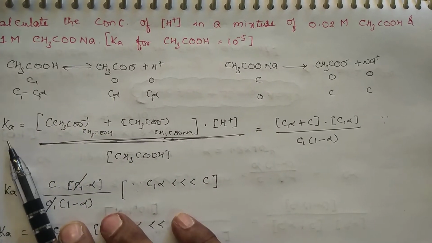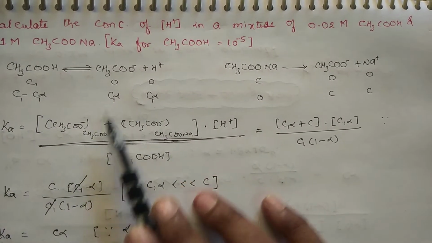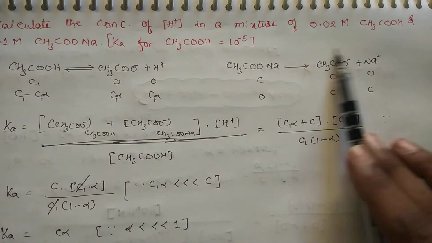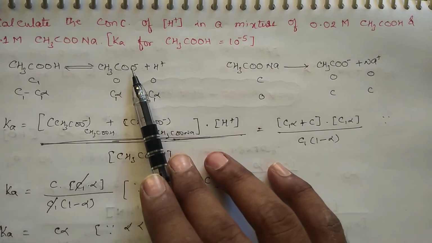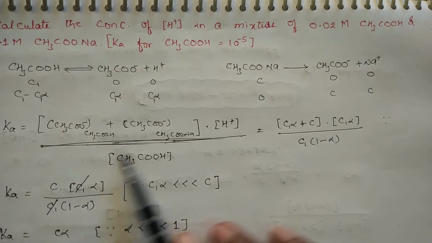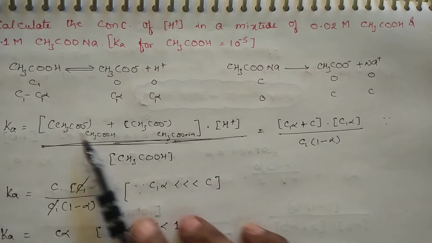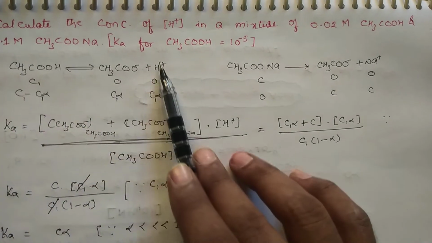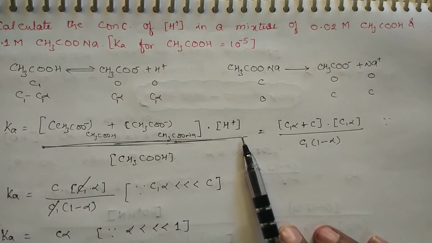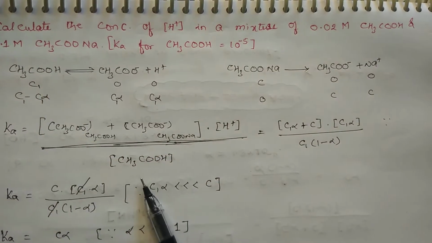So if you write the equilibrium constant, what should you write? CH3COO minus is present here also, so this is the common ion. So the CH3COO minus of CH3COOH and the CH3COO minus of CH3COONa should be added in the product concentration, divided by the reactant.